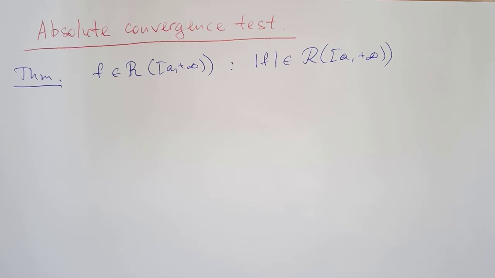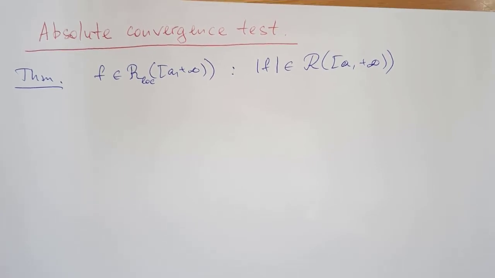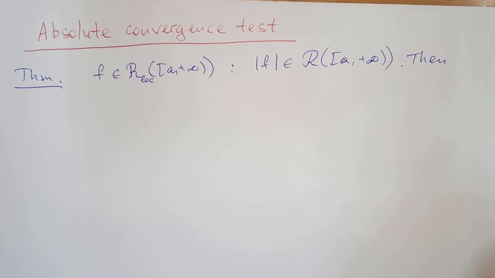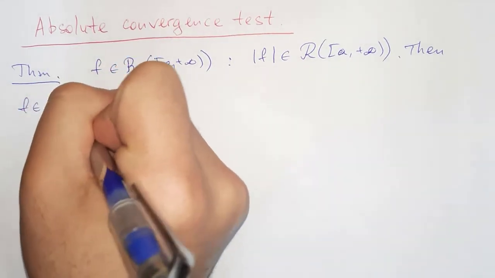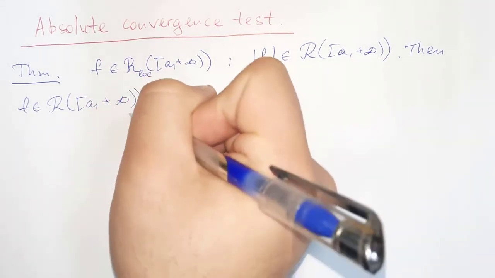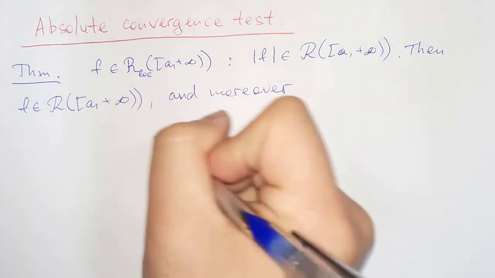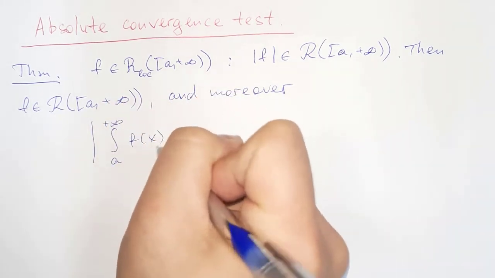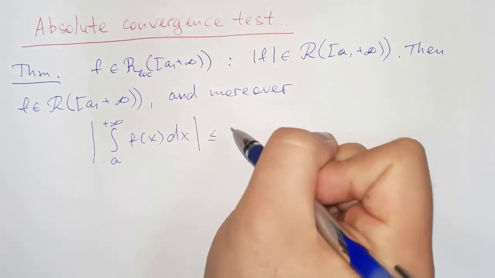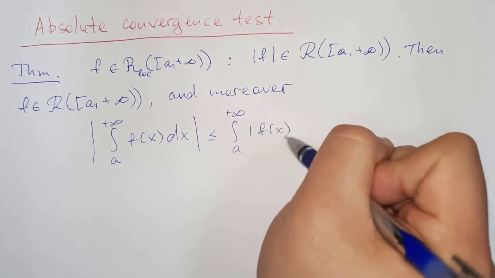then, here locally, f is integrable. Then f is integrable on the interval from a to plus infinity, and moreover it satisfies the next inequality: the absolute value of the integral from a to plus infinity of f of x dx is less than or equal to the integral from a to plus infinity of the absolute value of f of x dx.